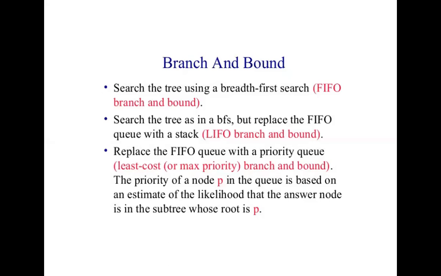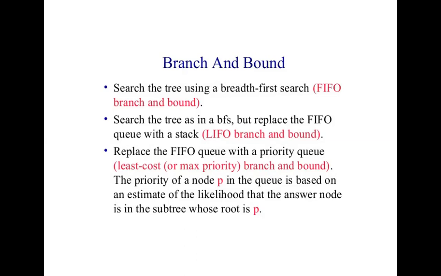I already told you, in backtracking we only use the DFS approach, that is depth first search, to construct the state space tree. The branch and bound algorithm is similar to backtracking, but it is used for solving optimization problems.